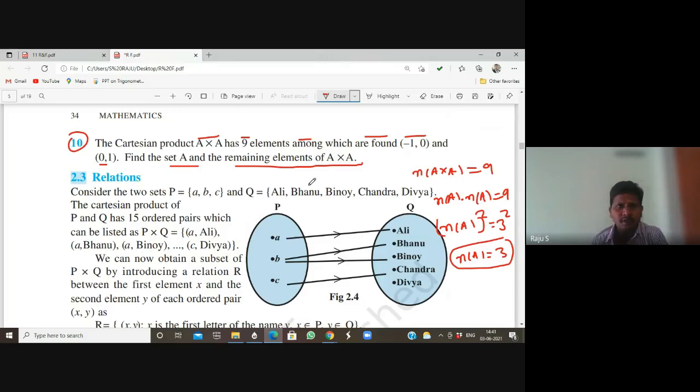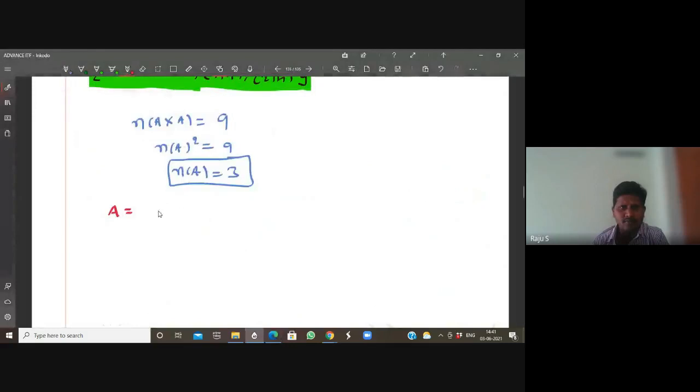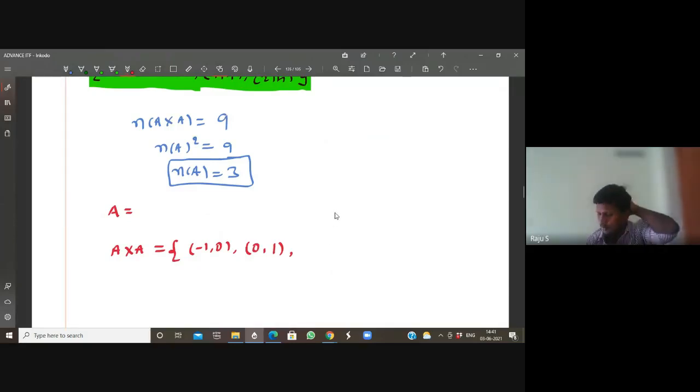In that, they gave 2 ordered pairs: A cross A has 9, and in that they gave 2. What are the 2? -1 comma 0, and another ordered pair is 0 comma 1. Then how many remaining ordered pairs do we need to write? 7 ordered pairs. To get that, first we have to write the set capital A. Capital A already consists of 3 elements. What are the 3 elements?